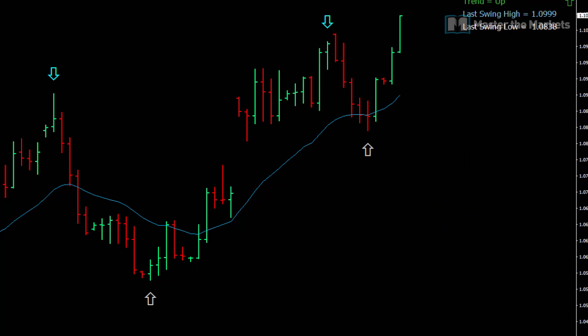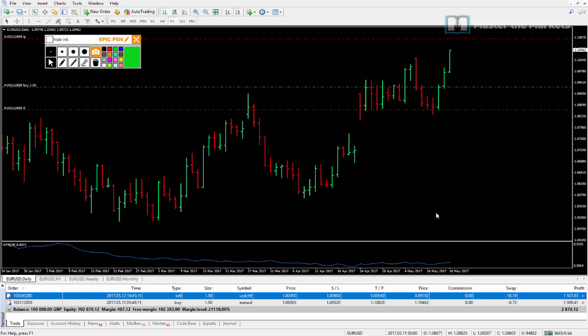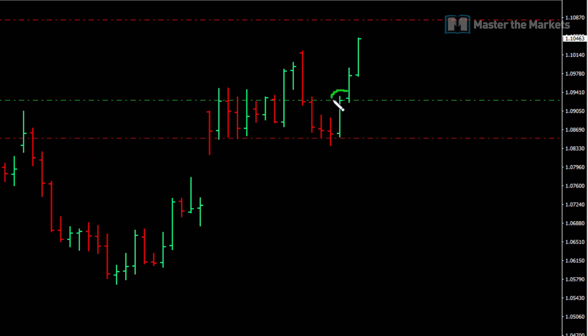As of now, in terms of the positions, we're up just a little bit shy of 3,000 pounds at the moment. This is a smart money strategy. As you can see, in this trade we entered on the close of this candle.